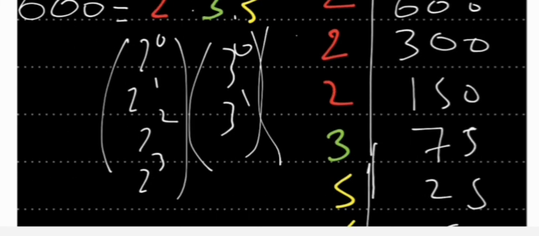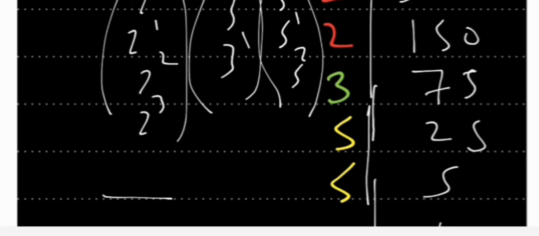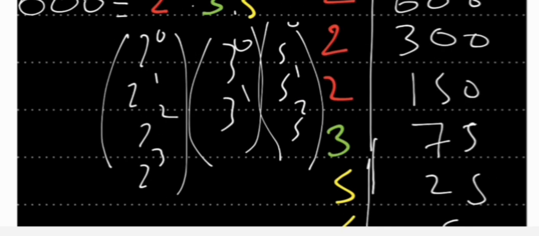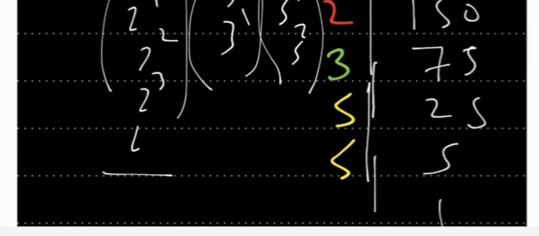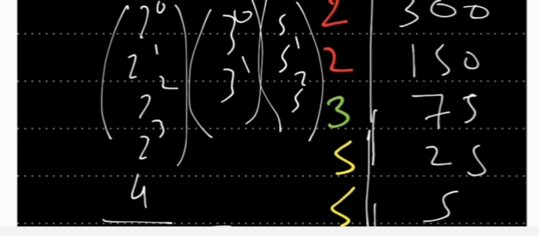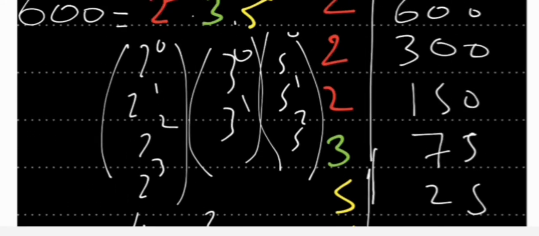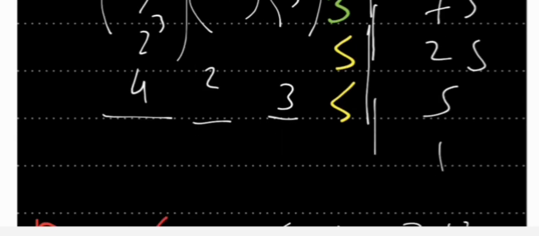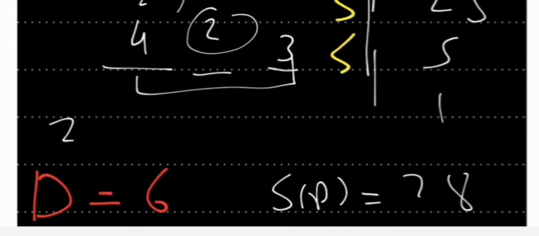And this can be 5 to the 0, 5 to the 1, 5 to the 2. So how many slots do we have? We have 4 slots for this one, 2 for this one, and 3 for that one. So we have 12 multiplied by 2, 24.